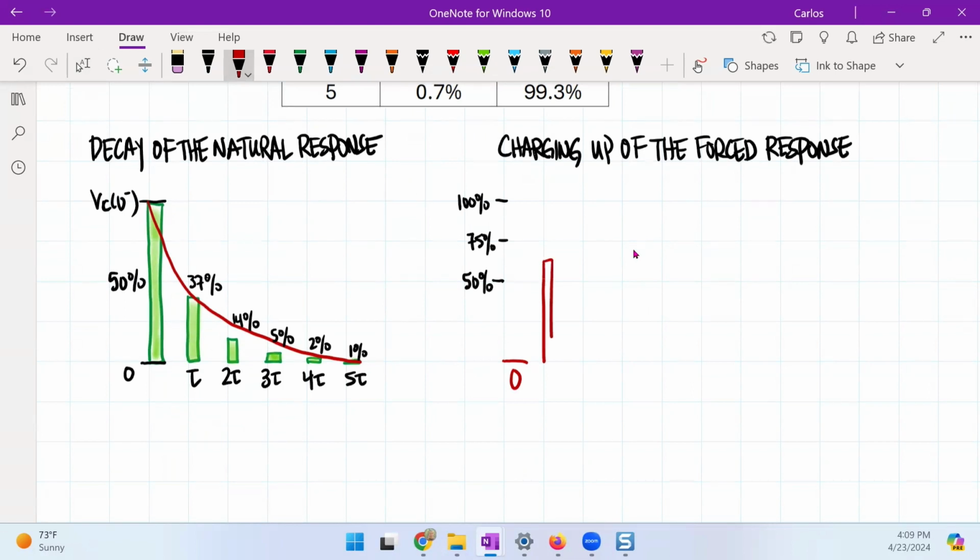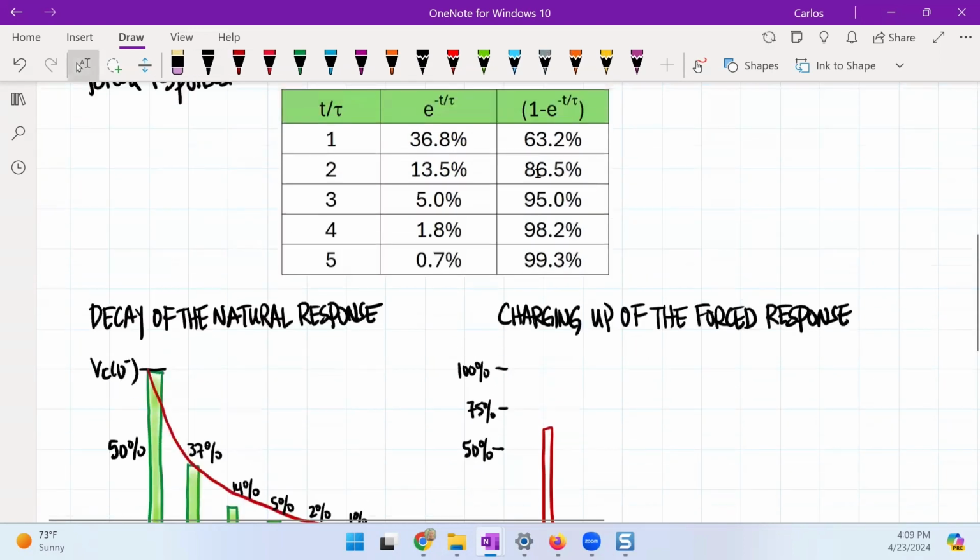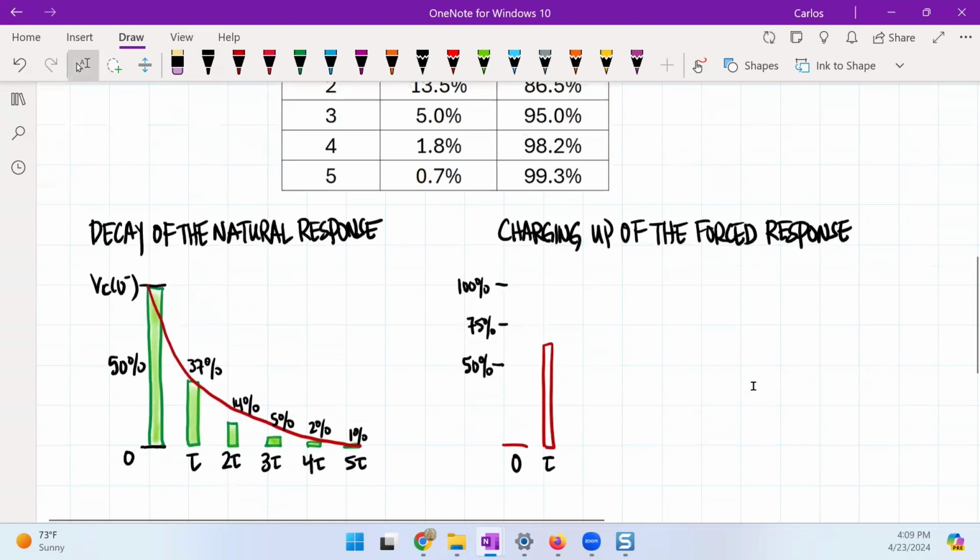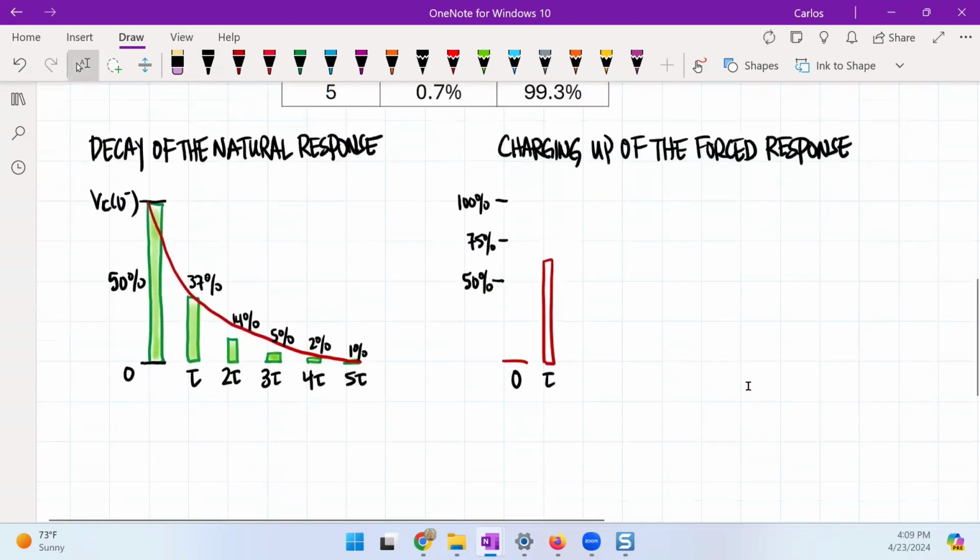So you could see a fairly big jump at tau, just like the table says. And then you'll see that the next jump goes up to 87%. Where's 87%? I'm going to say it's roughly right here in the middle of this guy.